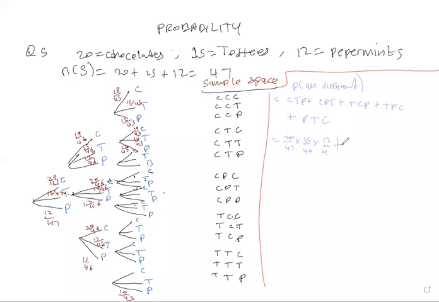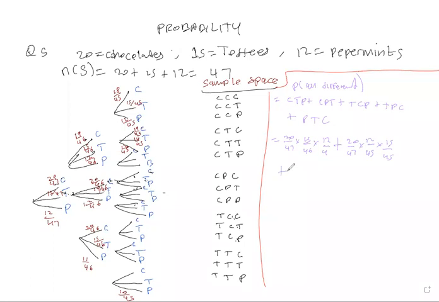Then you start again the other one, 20 over 47 times 12 over 46 times 15 over 45, means you're done with this. Then you go to plus.